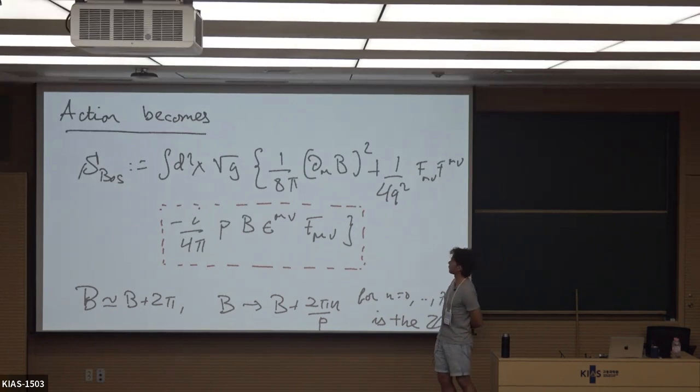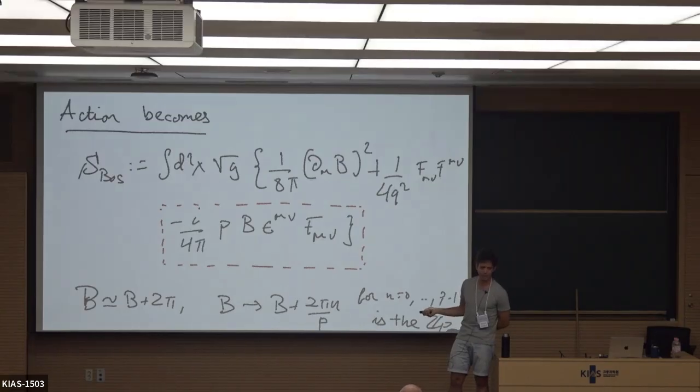The argument that people make in flat space is that at low energies, these derivative terms are irrelevant. And at low energies, this theory is governed by the topological quantum field theory that I described in the first part of the talk. Therefore, this theory at low energies will have p states, and those p states are distinguished by their topological charge, their ZP charge, exactly as I described before.